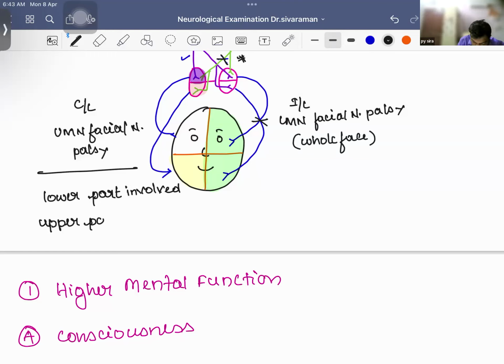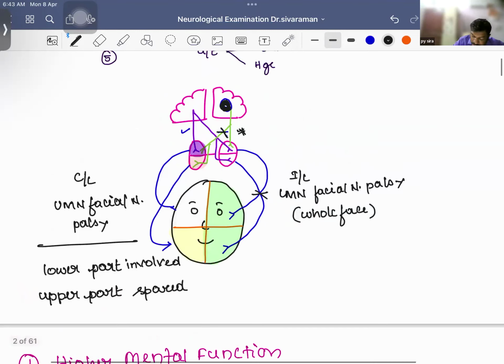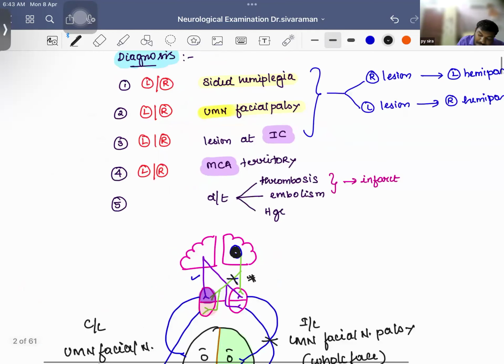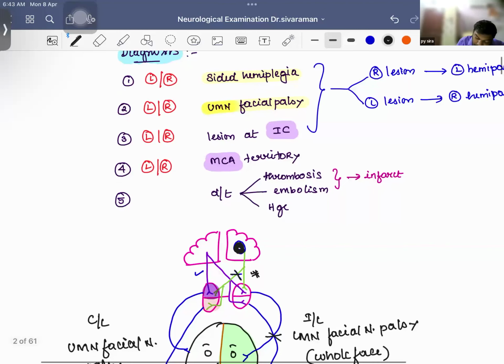Upper part is spared. This is going to be a very important thing in your examination. So a patient having mid-sided hemiplegia, UMN facial nerve palsy, the lesion should be at the level of internal capsule, involving which territory?